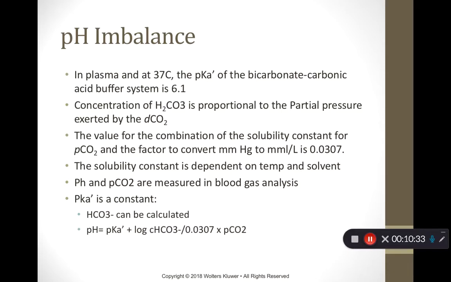So remember, the value for the combination of the solubility constant for PCO2 and the factor to convert millimeters of mercury to millimoles per liter is 0.0307.